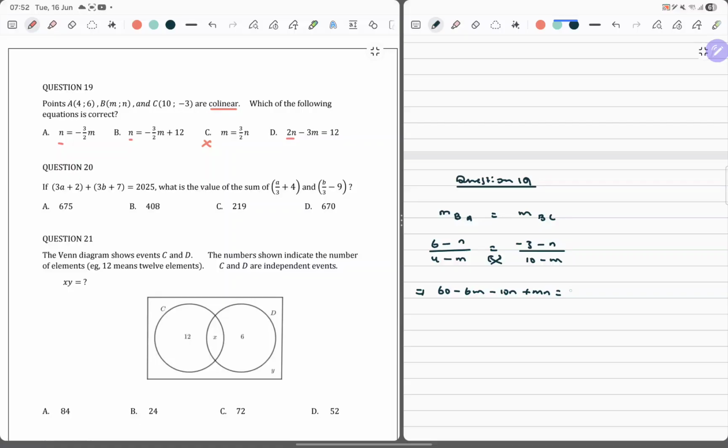This is going to be equal to, now let's see, 4 times this is going to be minus 12, minus 4n, plus 3m, plus mn.